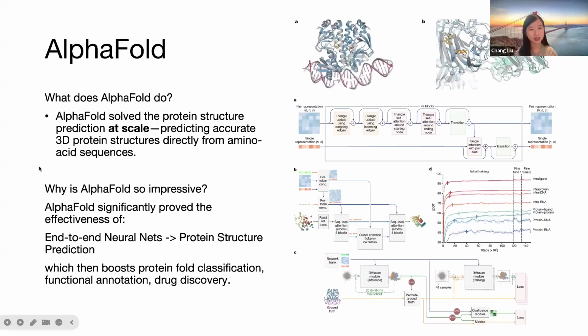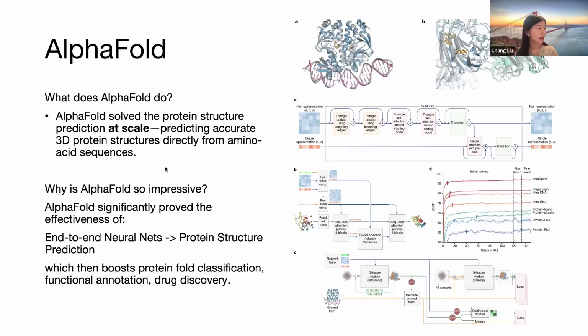Taking AlphaFold as an example, which is very famous now and was first proposed around 2017 to 2018. AlphaFold solved protein structure prediction at scale, predicting accurate 3D protein structures directly from amino acid sequences rather than depending on extra information from the protein.